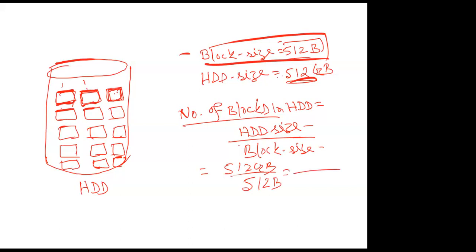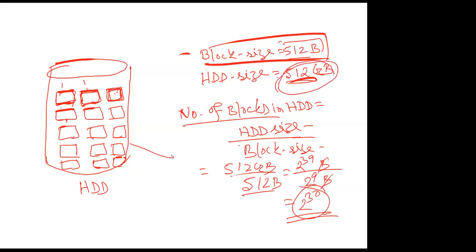If we convert to bytes, 512 GB will be 2 to the power 39 byte, and here is 2 to the power 9 byte. So byte is cancelled. So your total number of blocks here is 2 to the power 30 blocks. This number of blocks is available inside this hard disk if your hard disk size is 512 GB.